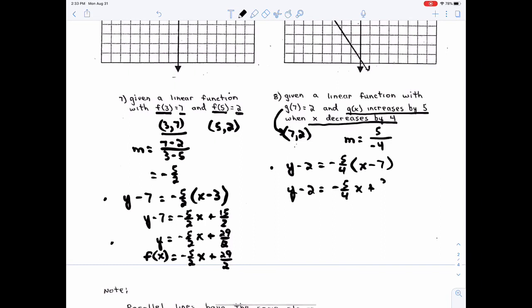That's going to be 35/4. And then I'm going to add 2, which is 8/4. And why don't we just go straight to using f of x, because that's really what it is. So if we add 8/4, we get 43/4.